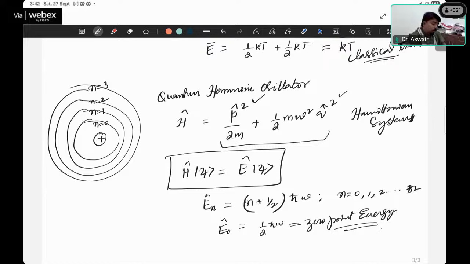Now let's try to derive the mean energy from this particular expression of E. We now know the overall energy of the system. Let's derive the mean energy of such a system in a large macroscopic system. What I mean is, there is one atom, and there are so many atoms like this.